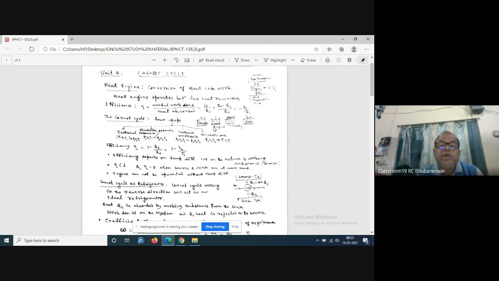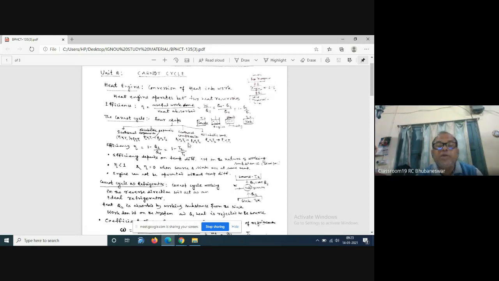But the heat is rejected to the sink so that the temperature of the gas remains constant. Hence, the pressure and volume change from P3, V3, T2 to P4, V4, T2.